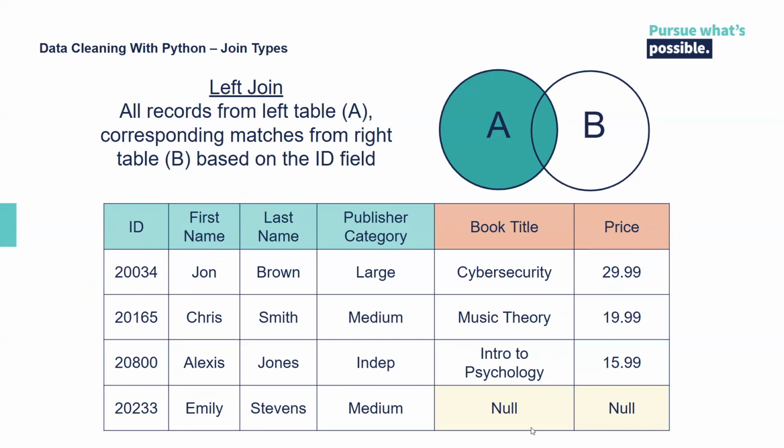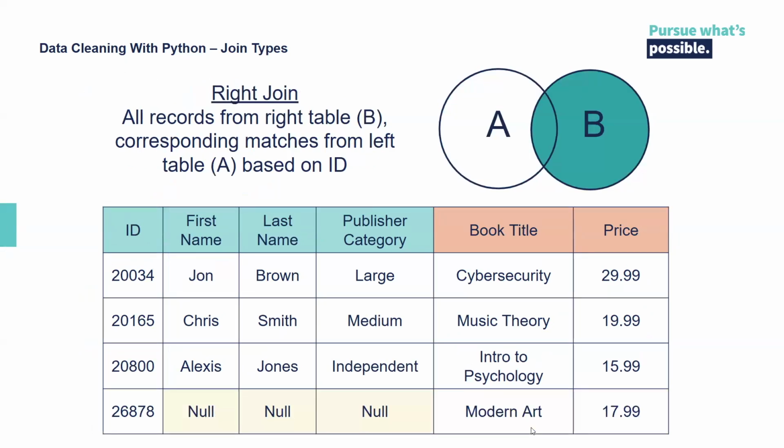So that's a left join. Next up, we have a right join. We're taking all of the books and matching them up to their authors, but we can see that the book Modern Art did not have a corresponding record by ID in table A. So we're getting null values here because we didn't have a matching record for the author.